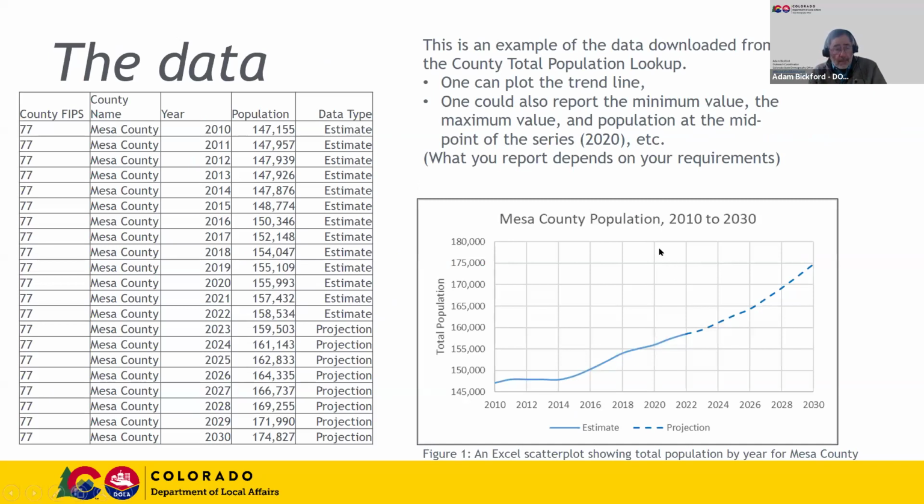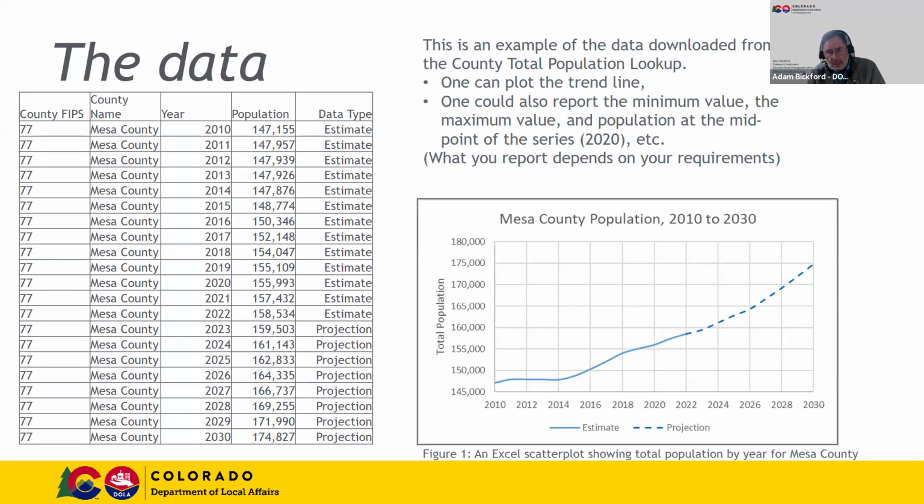So this is the data here from Mesa County that we downloaded. The first thing you can do is plot the trend line, and you can see that the population of Mesa County is increasing, but it's not increasing in a straight line. There are years where the increase is less than other years.